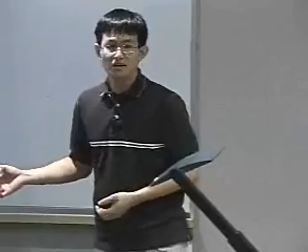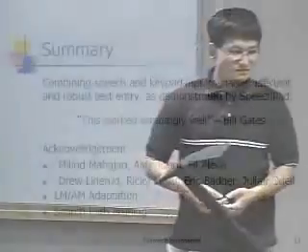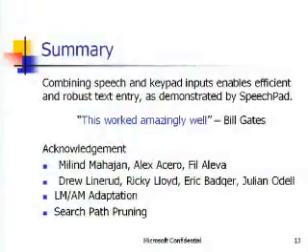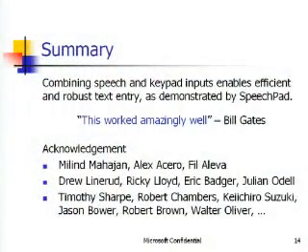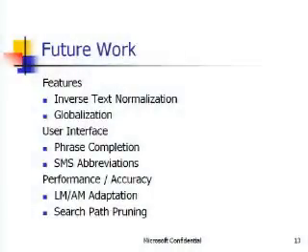And as always, we can improve the prediction and the ranking, the lattice recovery, and a lot of the underlying basic technologies. I hope that answers your question. Let me come back to the previous slide. That's a quote from his email.